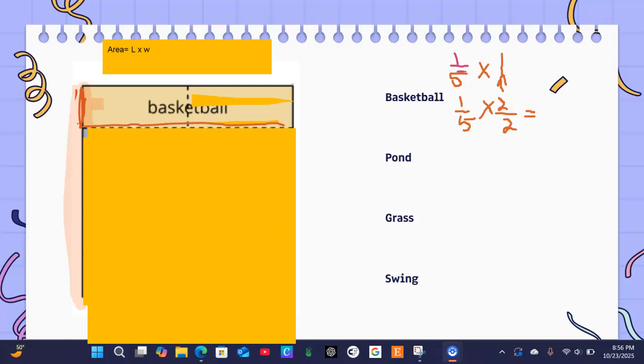And if we know that 2 out of 2 is 1, well, 1/5 times 1 equals 1/5, right? But let's go back down to this next expression. So we do have 1/5 times 2/2, and so that would be 1 times 2, and 5 times 2.